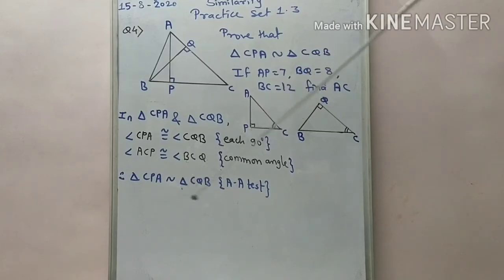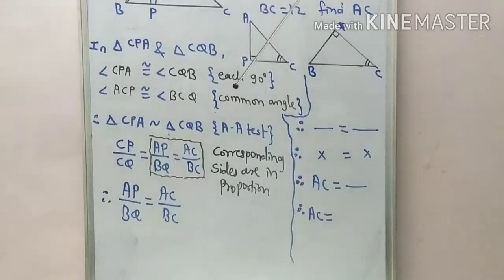Now using the same similarity, we find AC, because as we know, when two triangles are similar, corresponding sides are in proportion. So we take their corresponding sides in proportion, substitute the given values in the ratios, and find AC. So first we write down the sides which are in proportion.